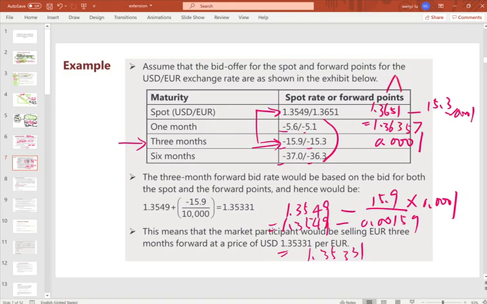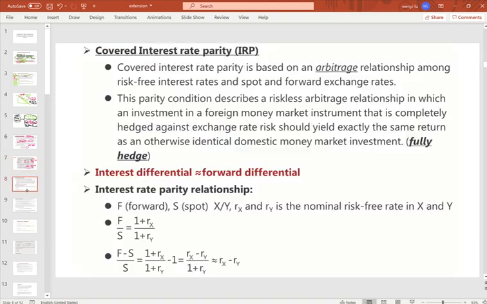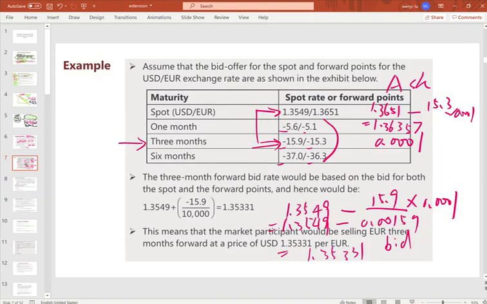That's for the ask, and this is for the bid. So that's the forward bid and forward ask, based on our premium and discount. We add this change to our base quote to get the forward quote.